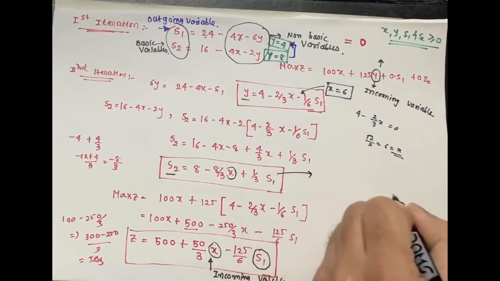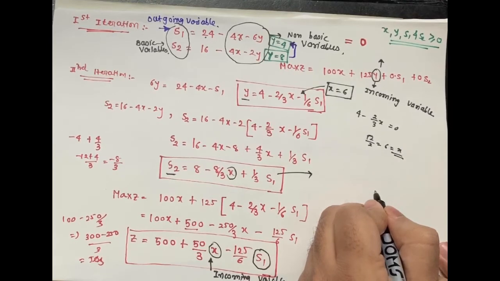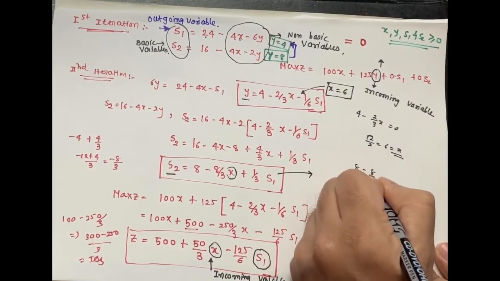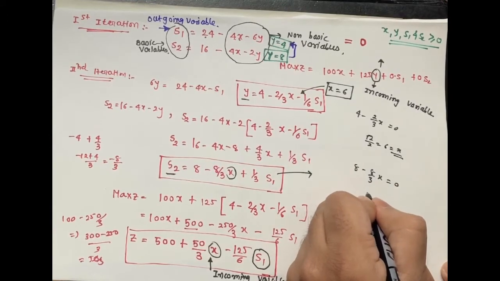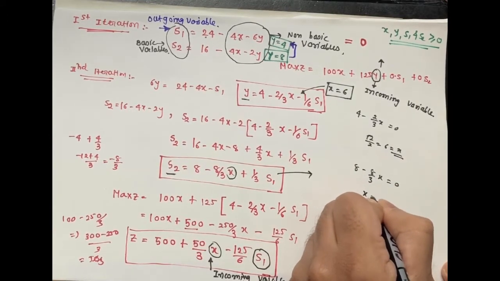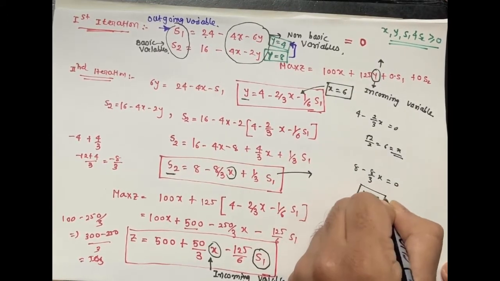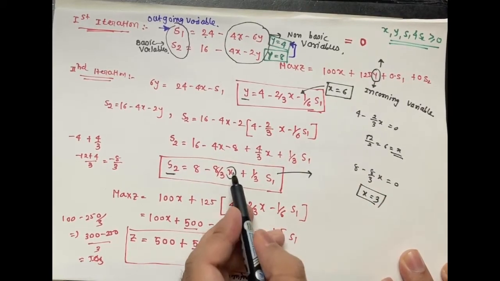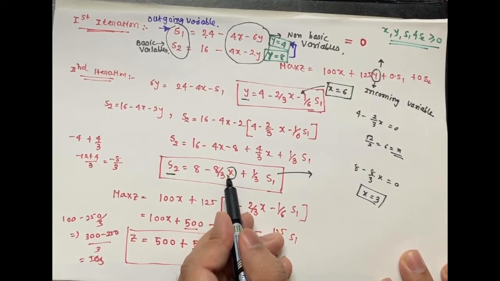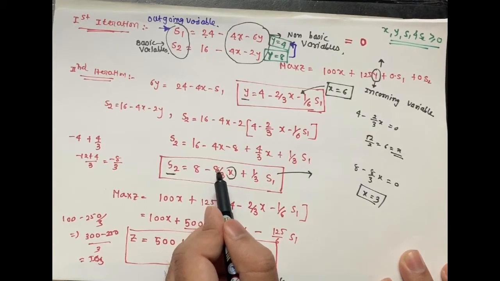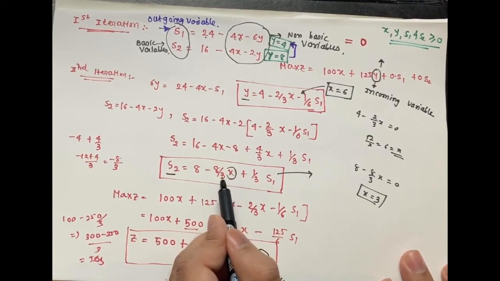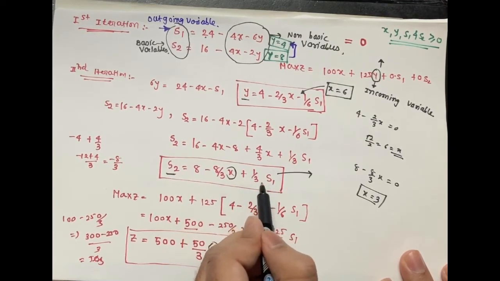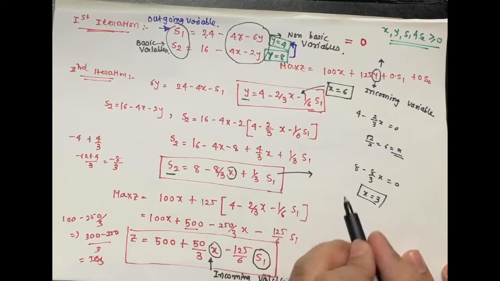For this one, again, it is 8 minus 8 by 3x equals 0. So x I can increase by 3. If I put x equals 3 in this case, 8 by 3 into 3, the 3 gets cancelled out, 8 minus 8 equals 0. So s2 becomes 0.